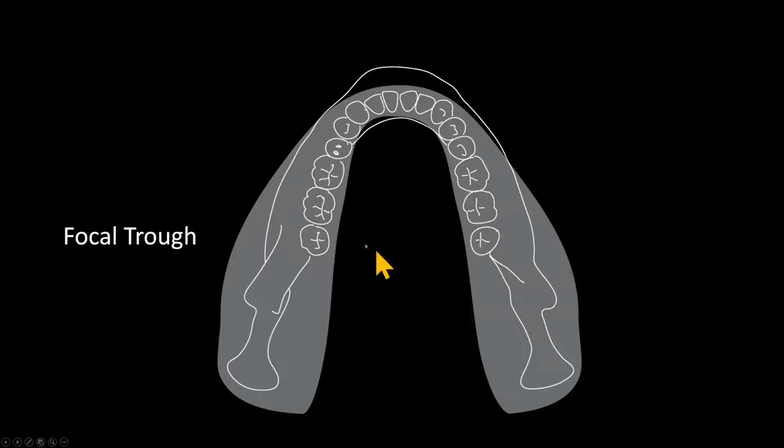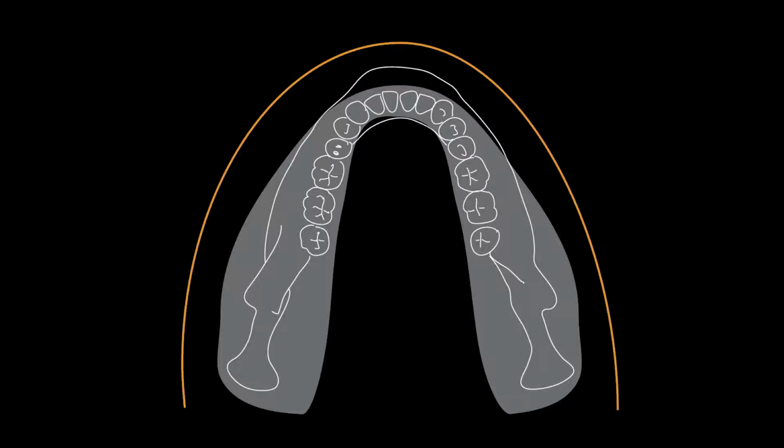On the anterior, the focal trough is narrow. So it is very important that we ensure that the anterior teeth are always in the focal trough. The yellow shaded band is the path of the X-ray sensor as it moves around the jaw.